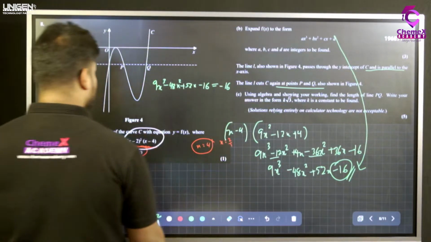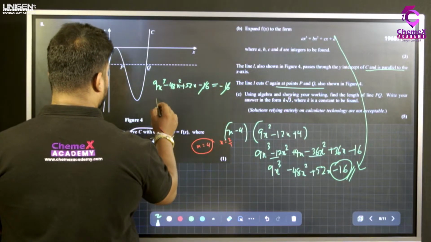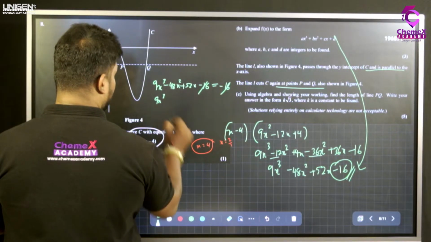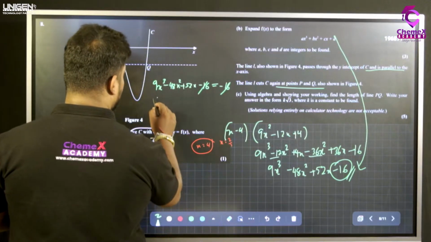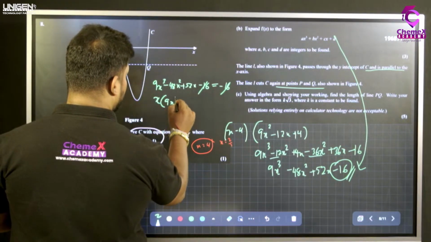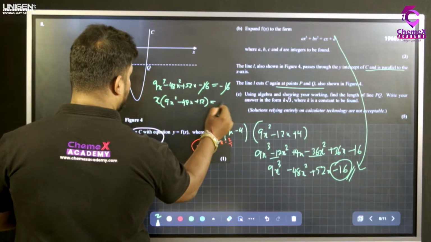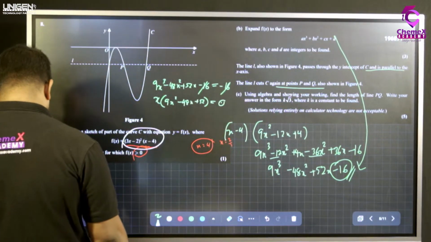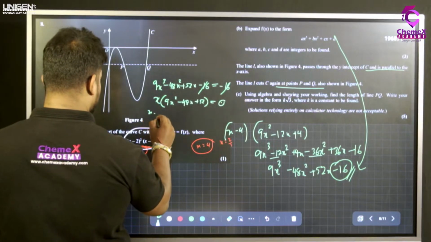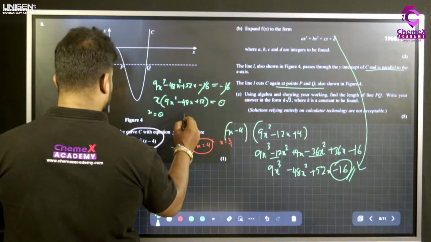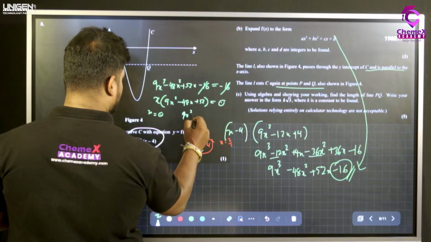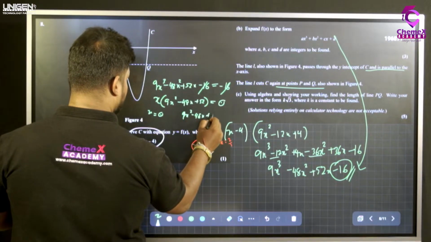So then this goes away. 9x cubed, you can take 9x out. 9x squared minus 48x plus 52 equals 0. Then solve it. X equals 0 and 9x squared minus 48x plus 52 equals 0.